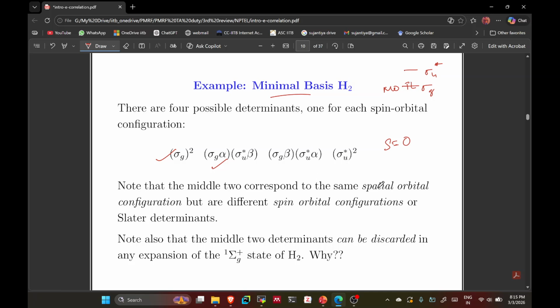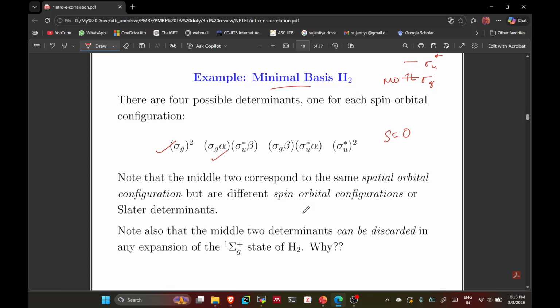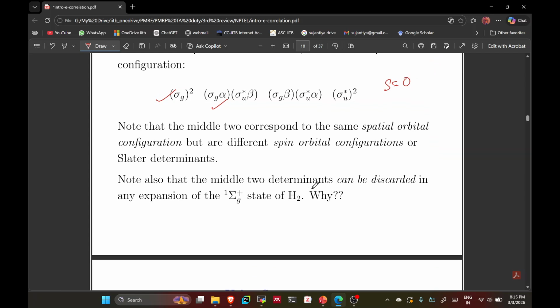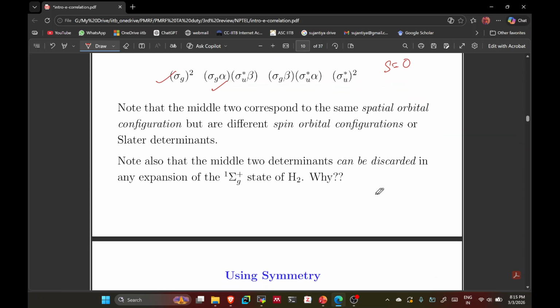So they have the same spatial orbital, but their spin orbital configurations are different. Note also that the middle two determinants can be discarded in any expansion of this singlet sigma g plus state because of symmetry restriction.